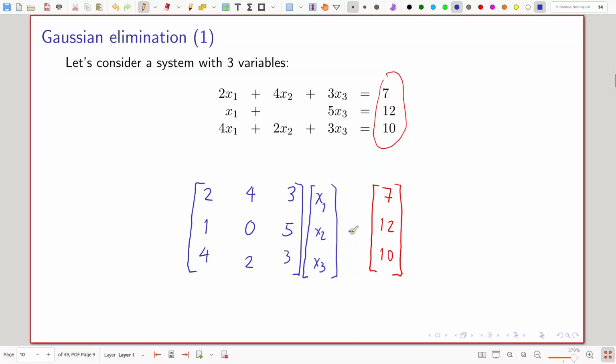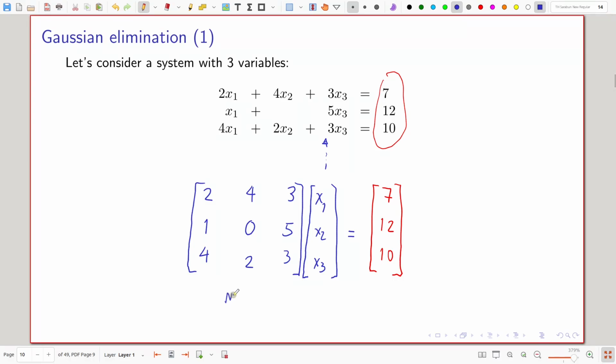This equals this. If you look at the format, it looks pretty much the same as the system of equations. But why is that? Because of the way we do matrix multiplication. I'll come back to that soon, to see various ways of viewing matrix-vector multiplication.